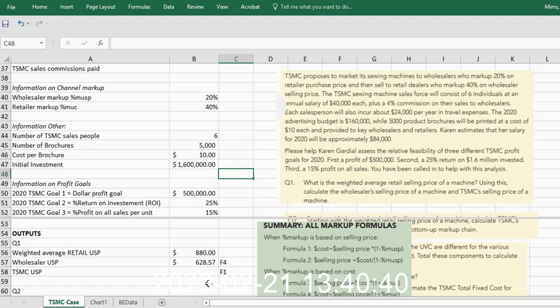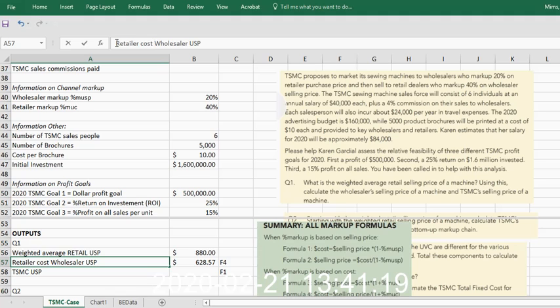Let's see what we have here. Essentially, we need to determine the wholesaler's selling price, which we're going to use Formula 4 for, because we're going to calculate the retailer's markup on cost, which is also, let's make this retailer cost, which is also wholesaler selling price.